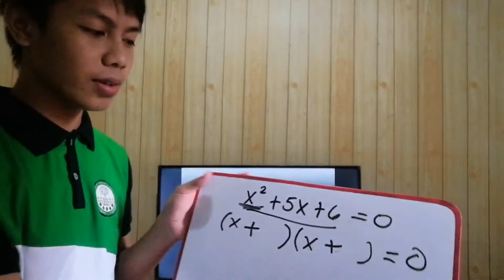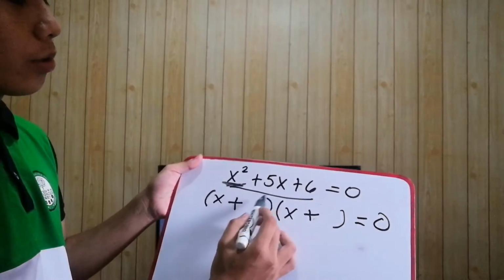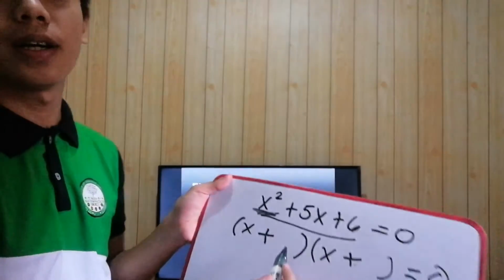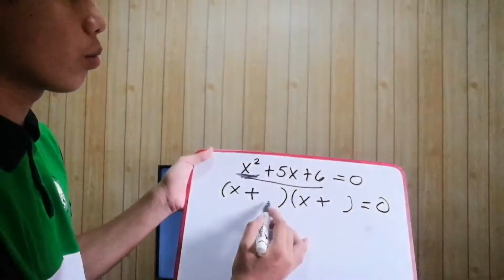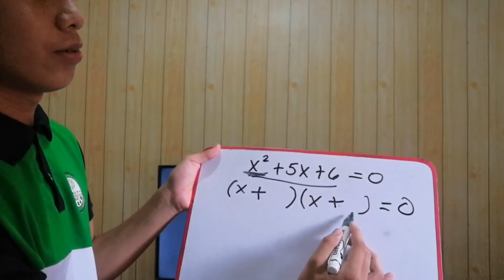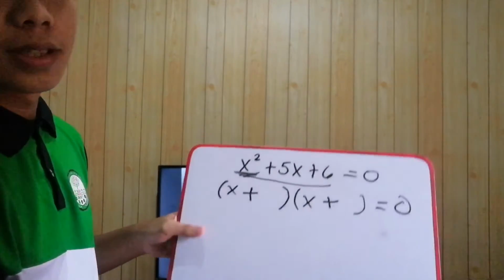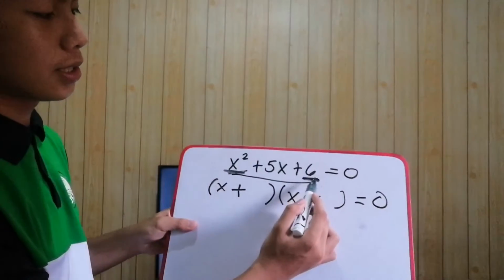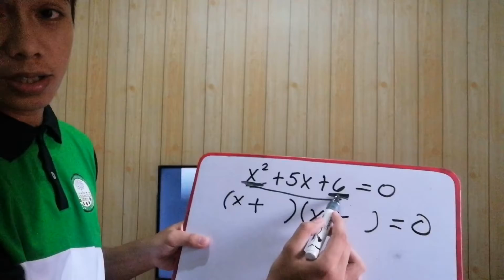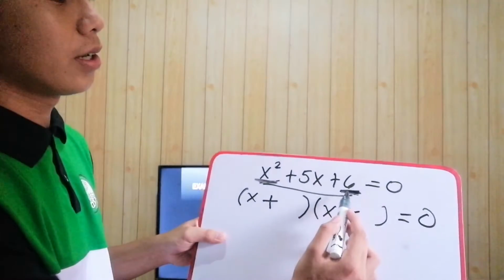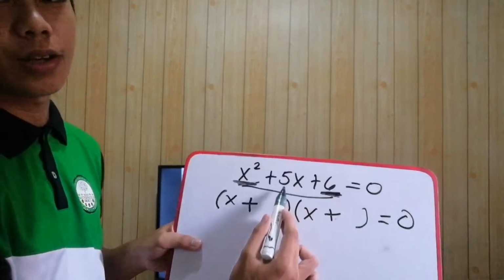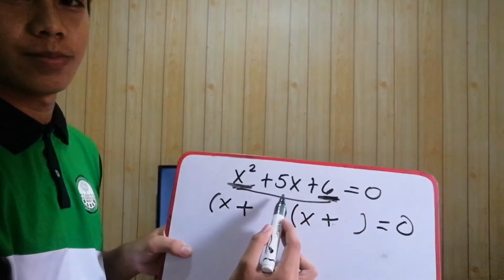Now, paano natin makukuha itong mga values dito? Just simply find the factors of the constant. Simply get the factors na mag-i-equal siya kapag i-add mo, mag-i-equal siya sa 5.